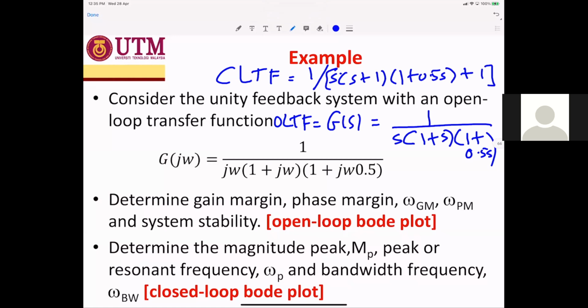So go to the Matlab. So now we have two conditions. One is the open loop, the other one is the closed loop, right? Two different plots.